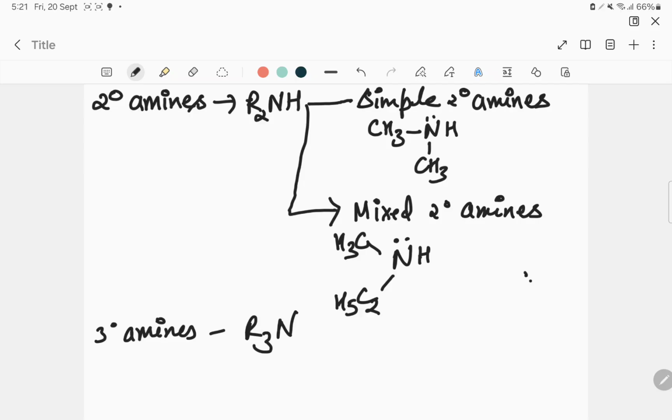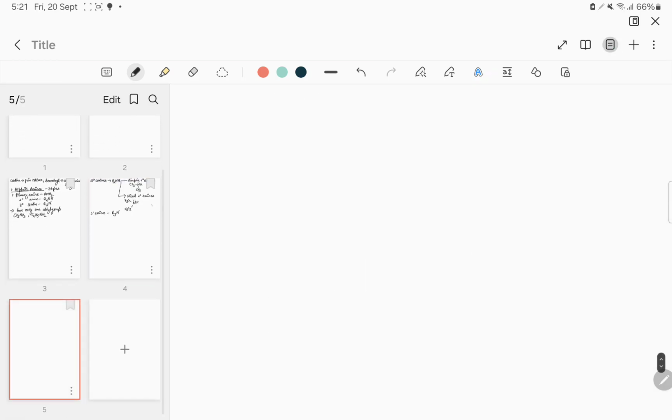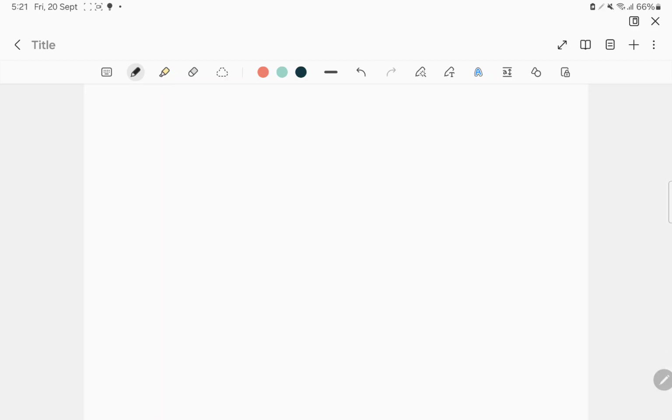These can also be simple and mixed. In simple, all three alkyl groups will be the same. In mixed, they are going to be different. Then we also have another kind of compound over here, which are quaternary compounds.